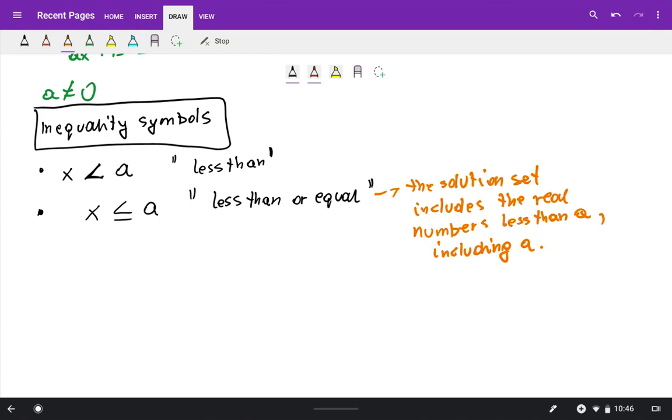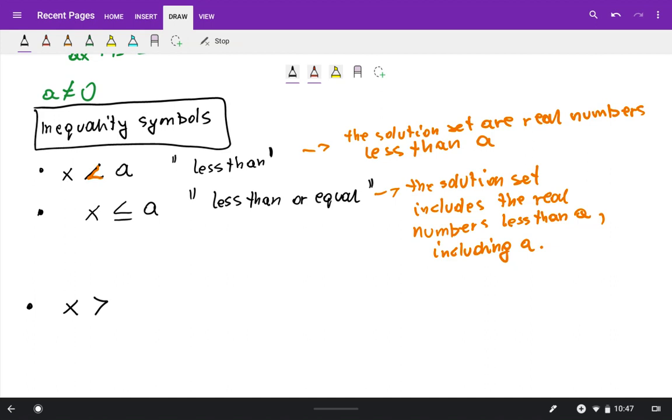So previously, when we only had less than, the solution set was all the real numbers less than a, not including a.